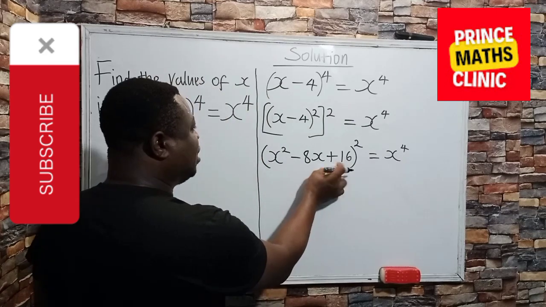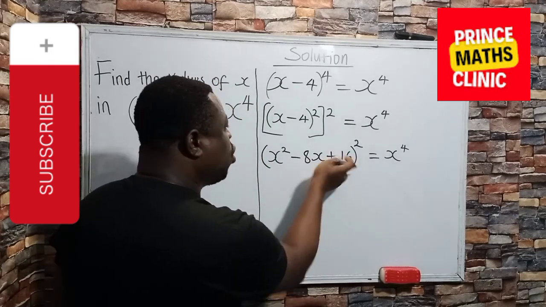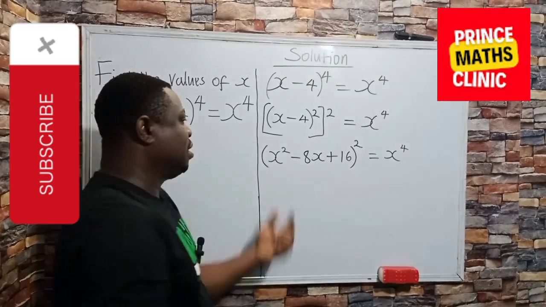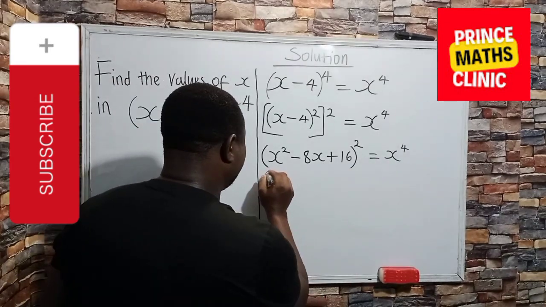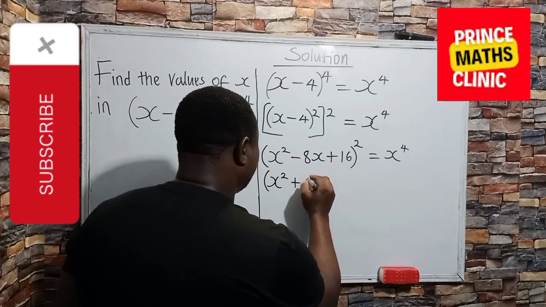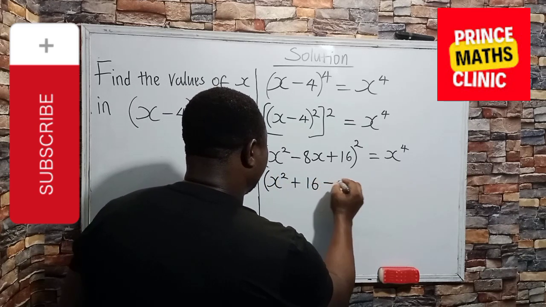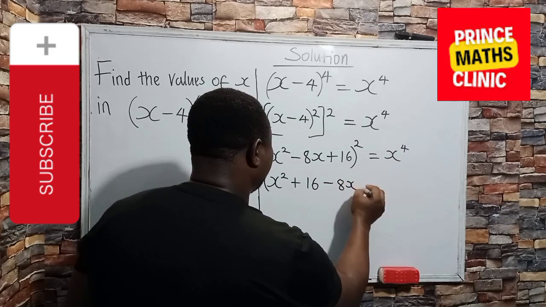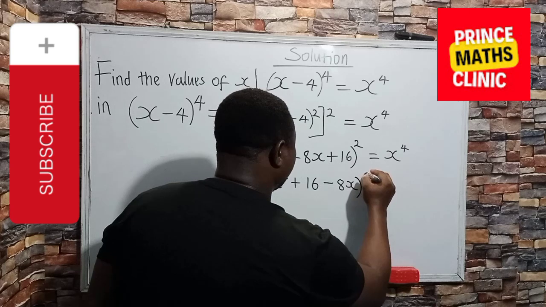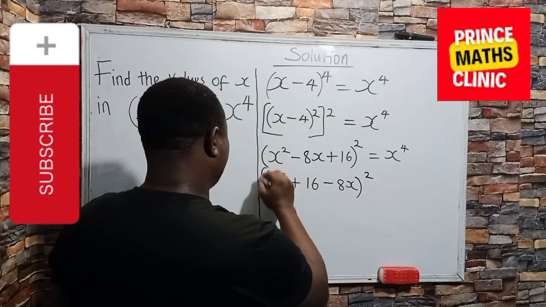Using this pattern, I'm going to rearrange this so that my positive 16 will come before the minus 8x. I want to rewrite what I have here. So rewriting it, I will have x squared plus 16 minus 8x. Remember, everything is squared. But this is what I want to do.